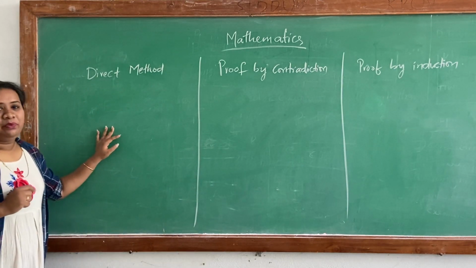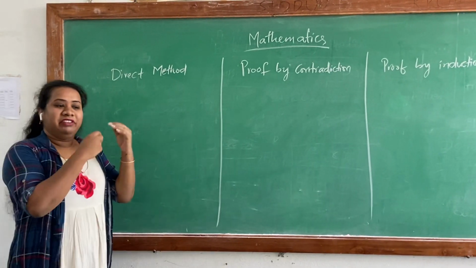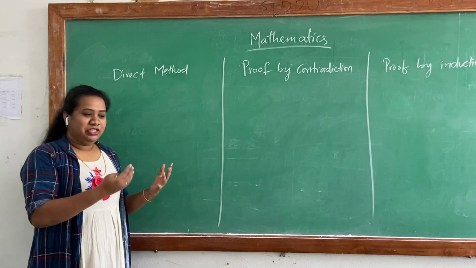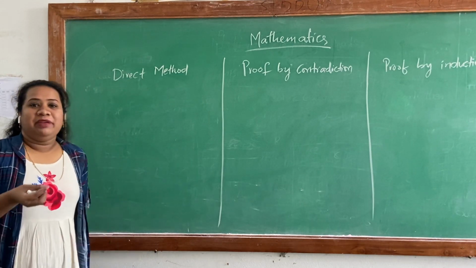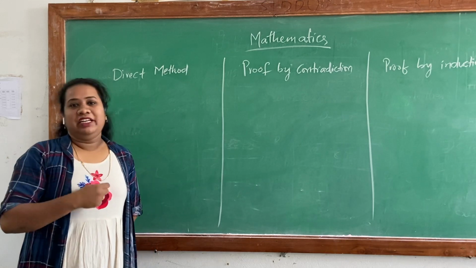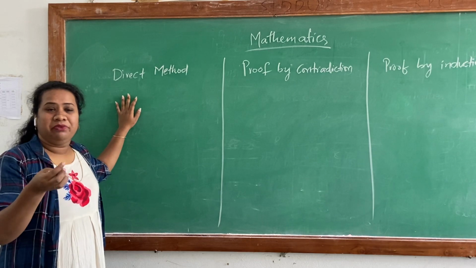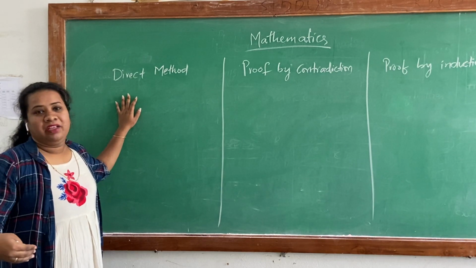In direct method, we read the statement of the theorem as usual, and then we use the basic definitions or basic things we have to prove that theorem. In direct method, we make some assumptions, and then we directly deduce the theorem.